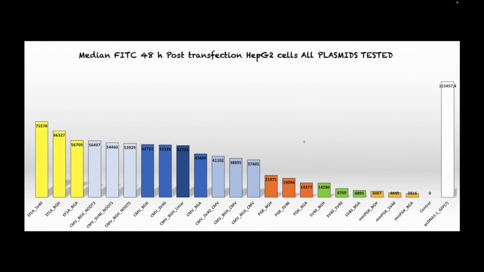So if you want a good expression in mammalian cells using non-viral vectors, as I'm using here for a gene therapy, you must, or at least you should, remove the bacterial backbone from the plasmid.